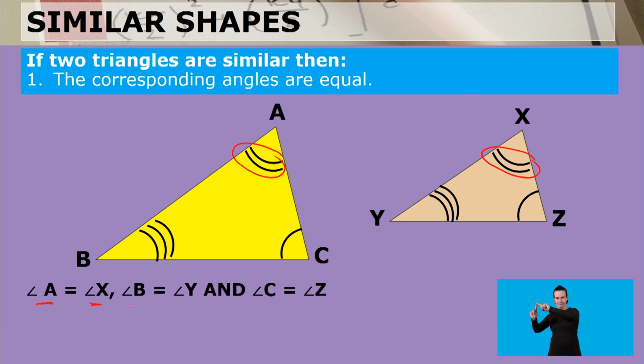Angle B would then be equal to angle Y, and we have a triple marking there and a triple marking on angle Y. And then angle C equals angle Z. We have a single marking on angle C and a single marking on angle Z. So when we talk of corresponding angles, that's what we are talking about.